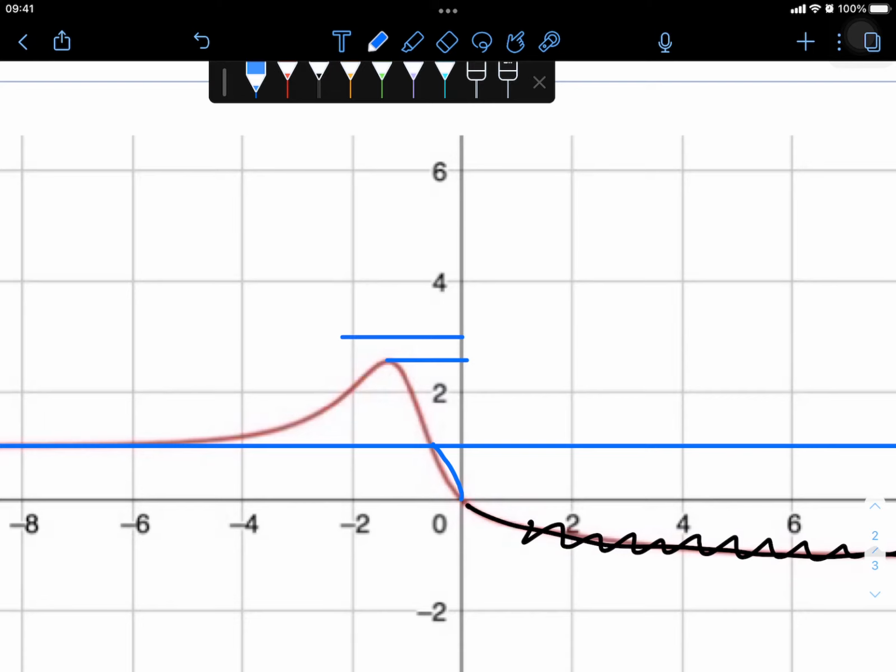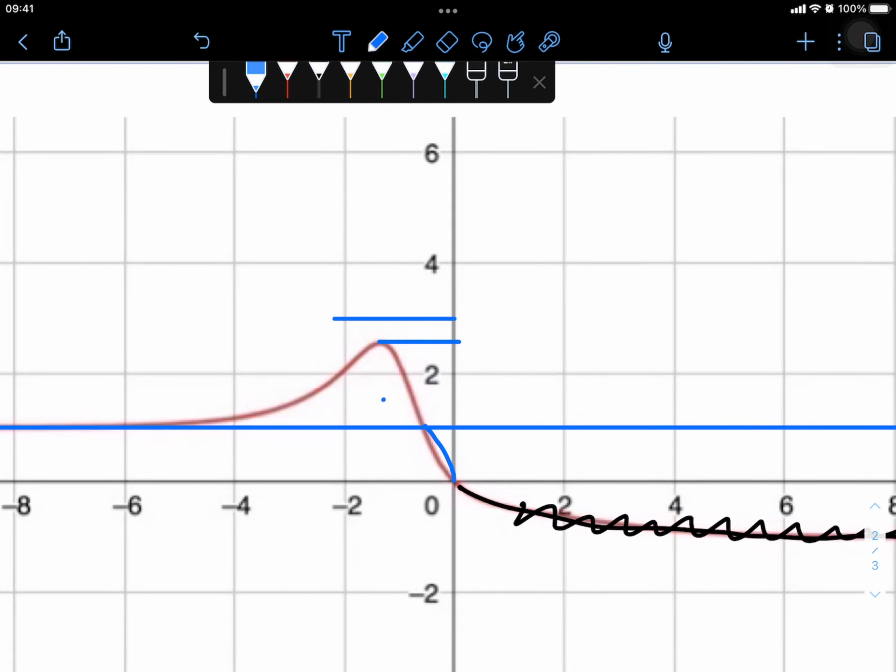Let's say that's 3.25. Square root of 3.25 is 1.8. Approximately that's 1.75. 1.8, just a little bit more above it. So it should be at this point there.